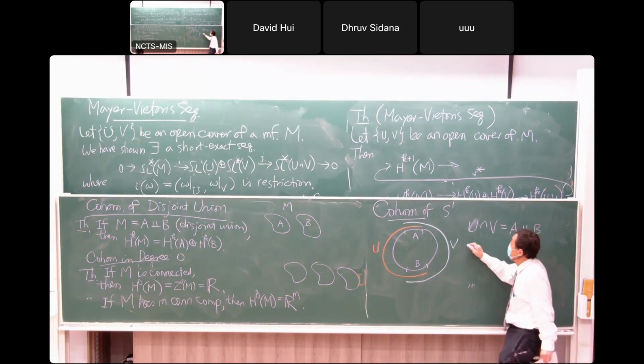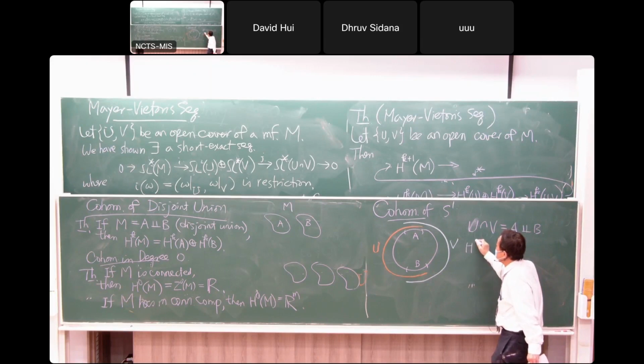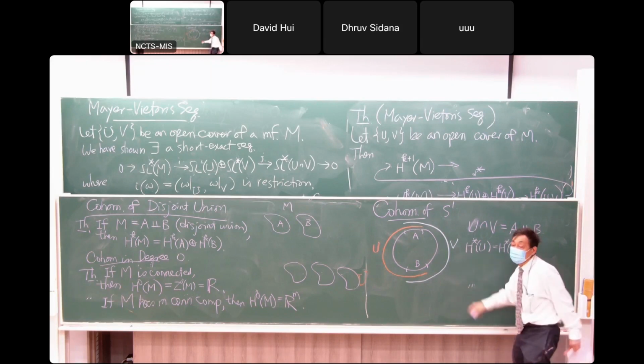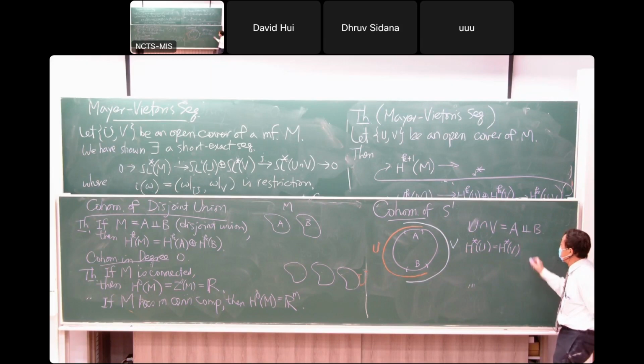Okay, now we know the cohomology of U. It's going to be the same as the cohomology of V because they are diffeomorphic to open intervals. So it's going to be R in degree 0 and 0 in degree greater than 0.